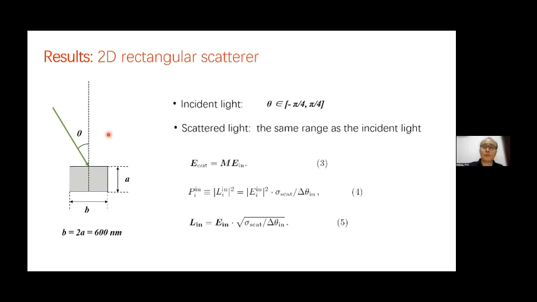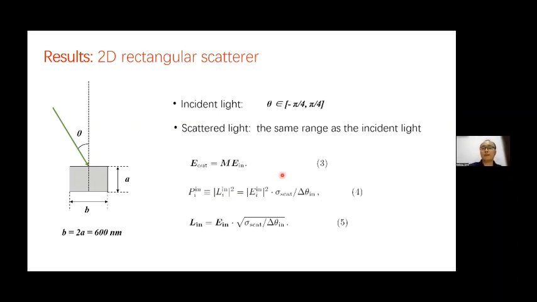Then we do a full wave simulation to get the scattered light corresponding to each incident plane wave. By using this information, we can immediately retrieve the field scattering matrix M here. By definition, we know the absolute square of the element Li in is equal to the power of light at that particular channel.